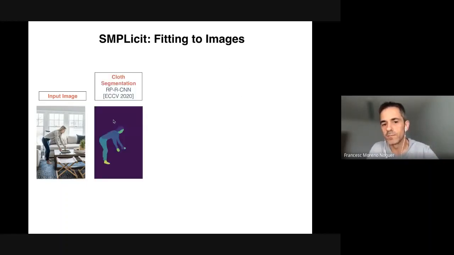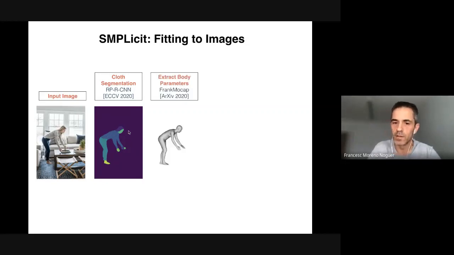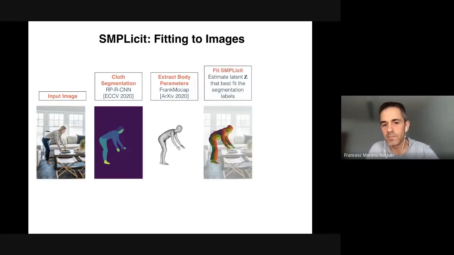We first used an off-the-shelf cloth segmentation algorithm to separate the input image between the different parts and clothes, all right? Then we used another off-the-shelf algorithm, the Frank mockup, to compute the geometry of the naked body, all right? And then we passed this naked body to an optimizer that estimated the latent space, the latent z_cut and z_style that I talked about before, right?